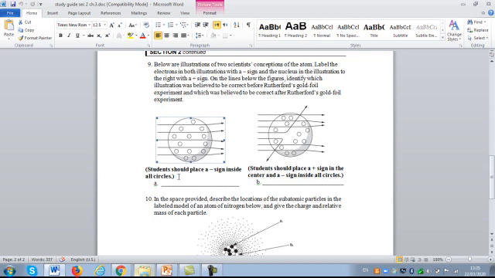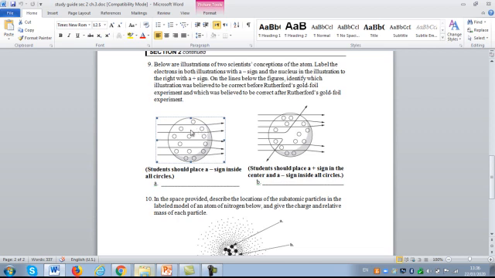Okay, the question is divided in two parts. First, label the electrons as negative and label the nucleus as positive. The electrons inside each circle, put a negative sign because they are electrons. They are like Bohr's model, where the electrons revolve around the nucleus in an electron cloud.